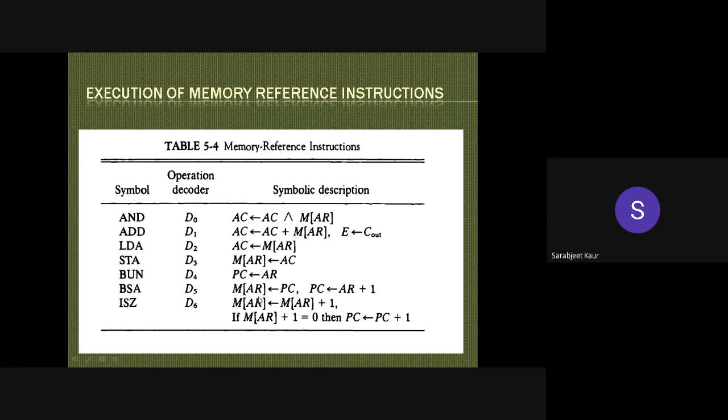Okay, so at the address that I have got from the decode phase or the indirect phase, if this was an indirect memory reference instruction, whatever way I have got the address in the address register, at that place I go and store the PC, that is the return address, and from the very next place after this address stored in the address register, the ISR will be stored.